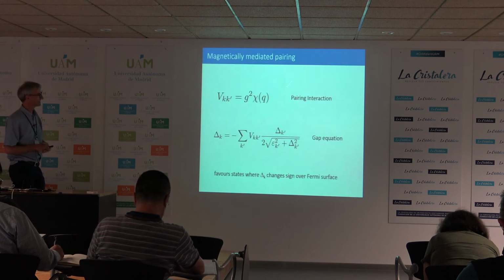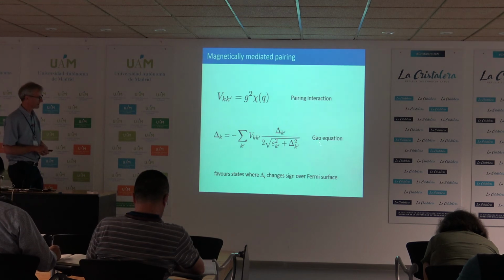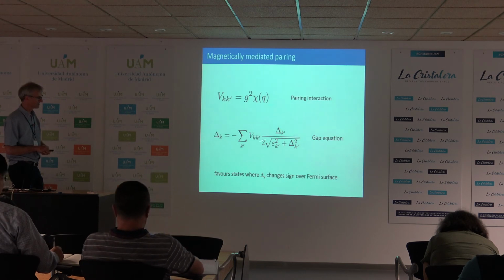So in the simplest sort of magnetically mediated pairing theories, one would take the pairing interaction to be the susceptibility here, and we put it into a gap equation, and you can see that this pairing interaction will couple states to give pairing.